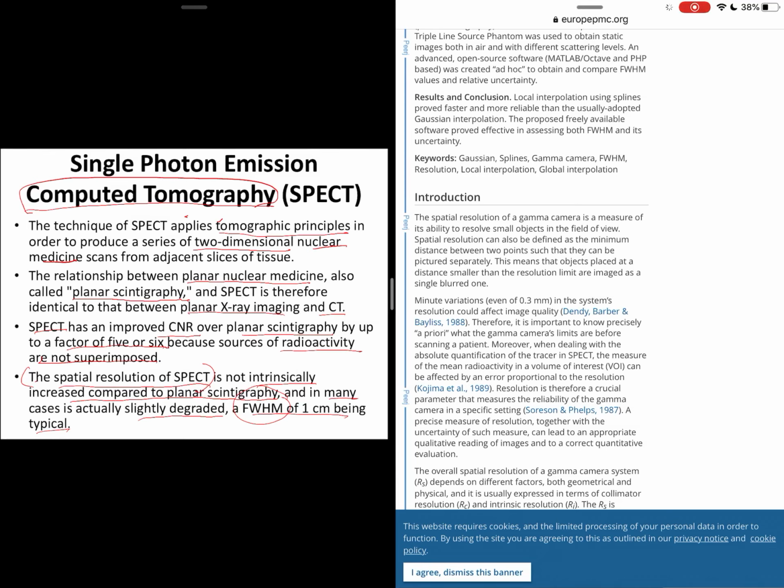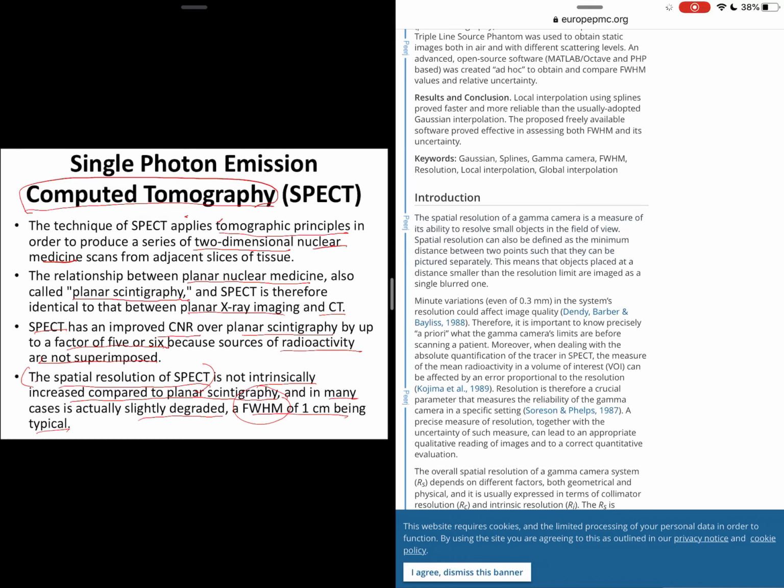Since we are talking about spatial resolution, this is just a quick revision. The spatial resolution of the gamma camera is a measure of its ability to resolve small objects in the field of view. It can also be defined as the minimum distance between 2 points such that they can be pictured separately.